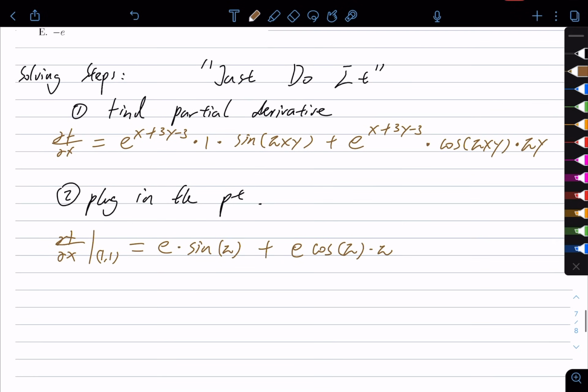So how are we going to evaluate the sine and cosine? For people who are familiar with sine and cosine, just go ahead and evaluate that. But I don't usually trust myself to quickly evaluate these sine and cosine values.